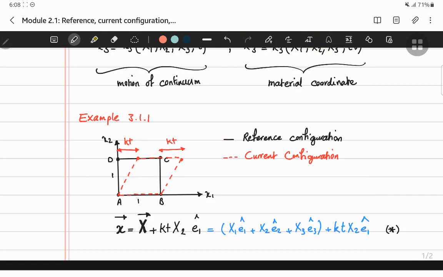So now you understand why we use the kinematic of continuum for this chapter, why the book used this title, because this is the motion. This is the kinematic of the particles. This is how the particles move, to characterize the configuration, the current and reference configuration.